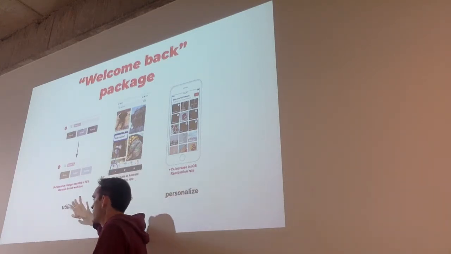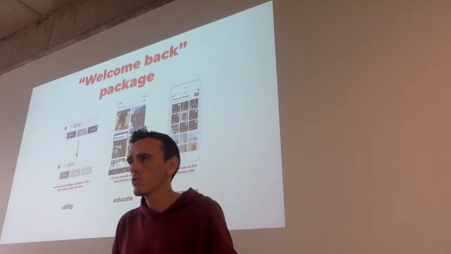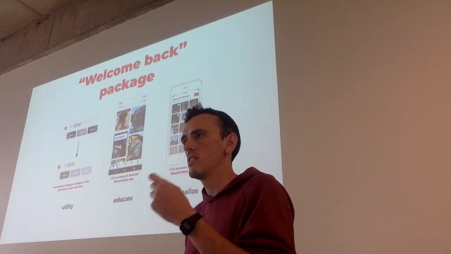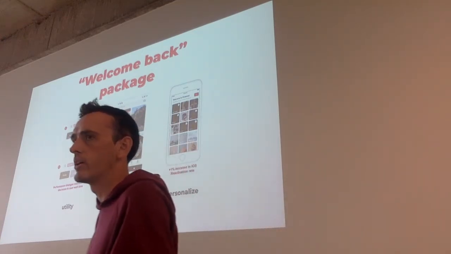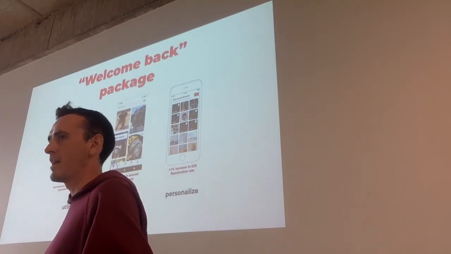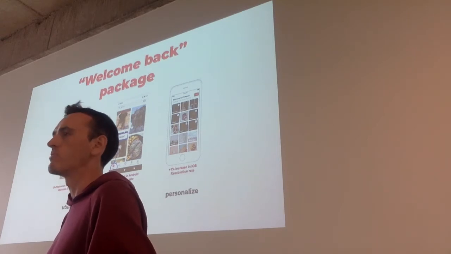The first one is utility-focused experiments. So what they realize is that when you're a new user, speed is incredibly important. Now Pinterest is very much driven by visual imagery. And if you've ever been a developer, then you know that working with images and trying to make a page fast is incredibly difficult.